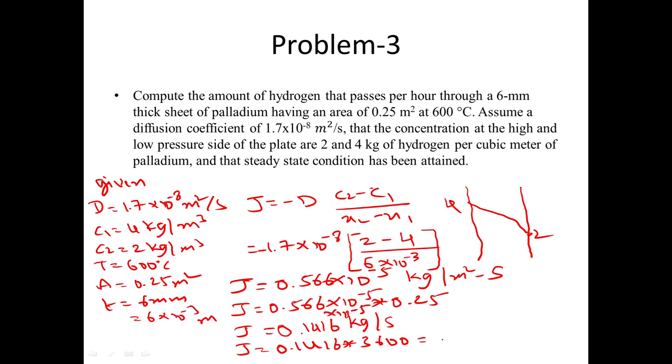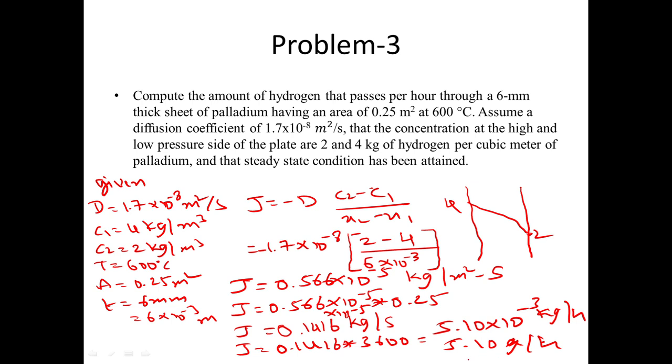I missed it here. This will be 5.10 into 10 to the power of minus 3 kg per hour, or 5.10 gram per hour.